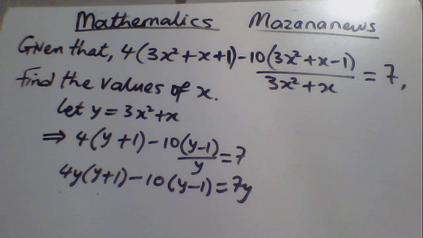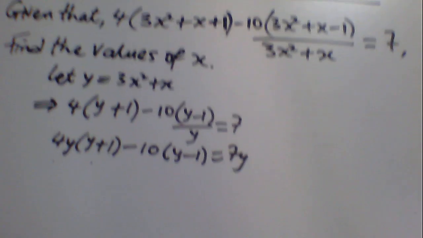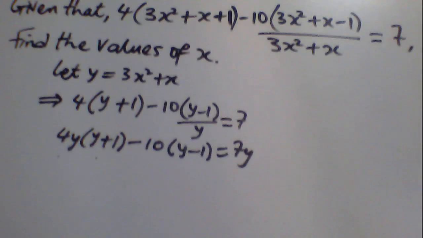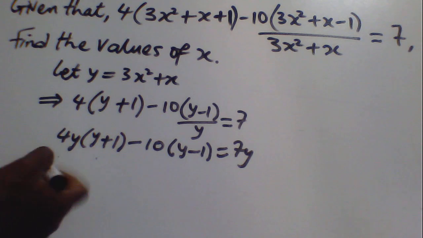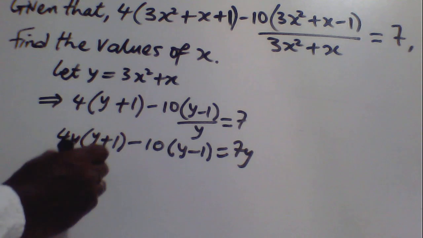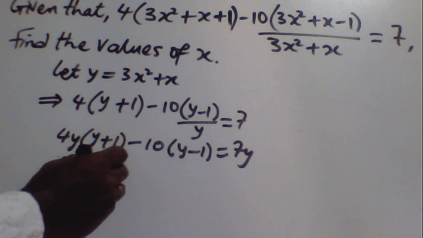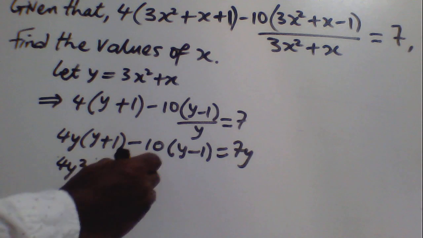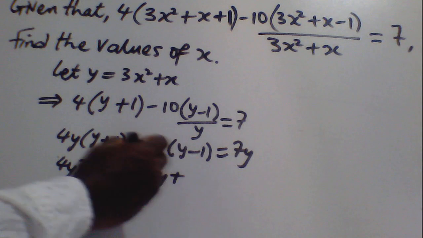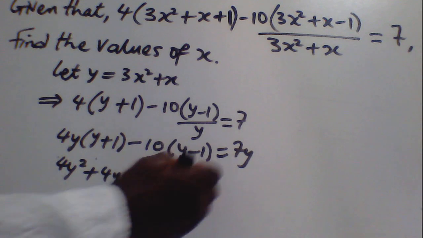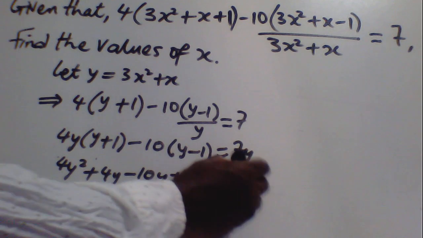Once we arrive here, the next thing to do is to open the brackets. That means multiply everything in the bracket by 4y. We have 4y squared plus 4y. Minus 10 multiplying y gives minus 10y, and minus 10 multiplying minus 1 gives plus 10, and we have 7y.